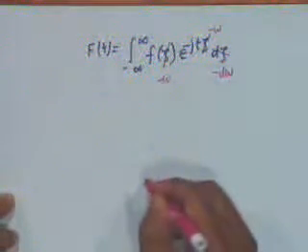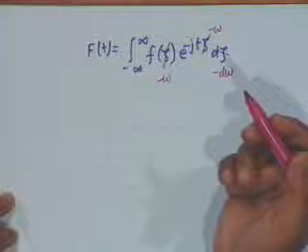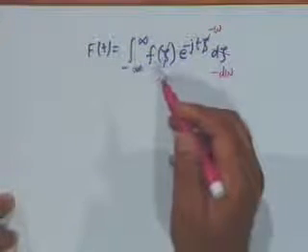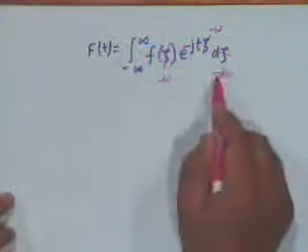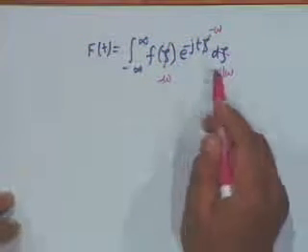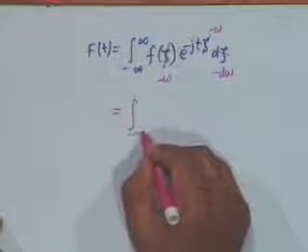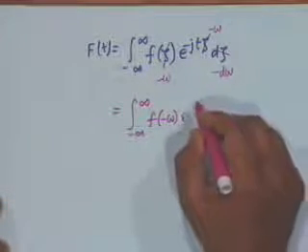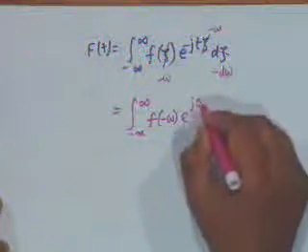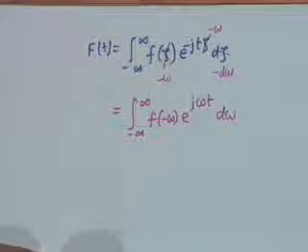And what happens to the integral? The limits of the integral change from plus infinity to minus infinity. But if you take care of this negative sign, then the limits can be restored. In other words, this is the same as the integral from minus infinity to infinity of f of minus omega e to the power j omega t d omega. Is that correct? And what is this?